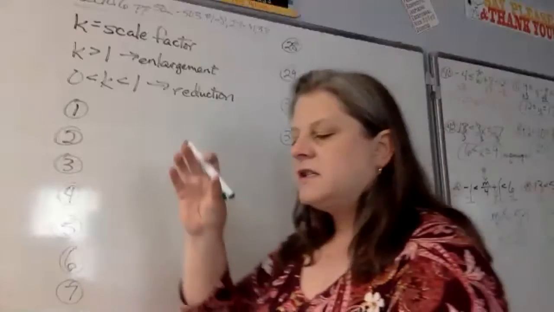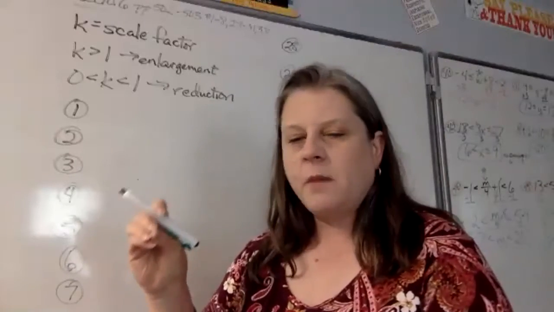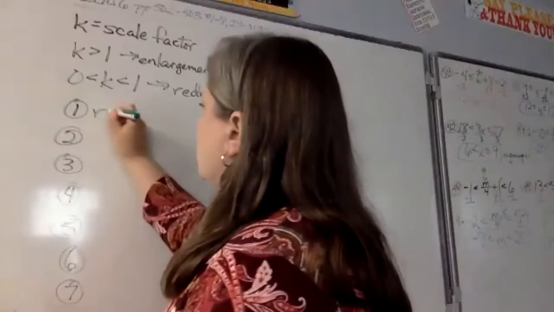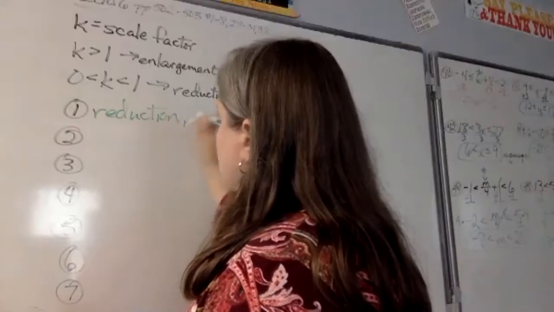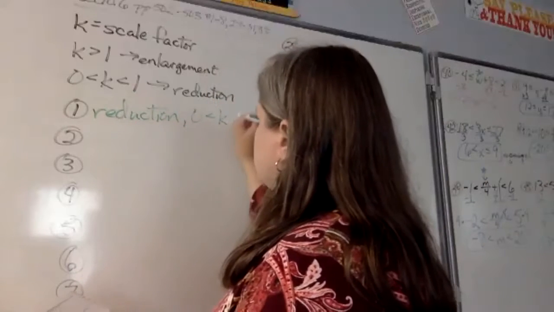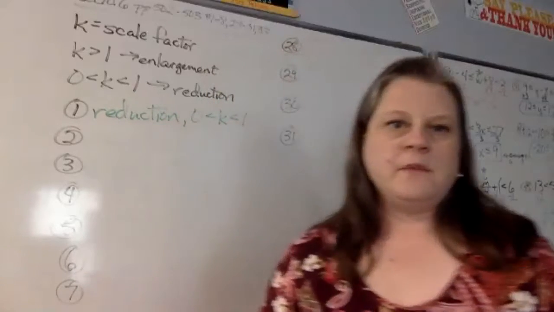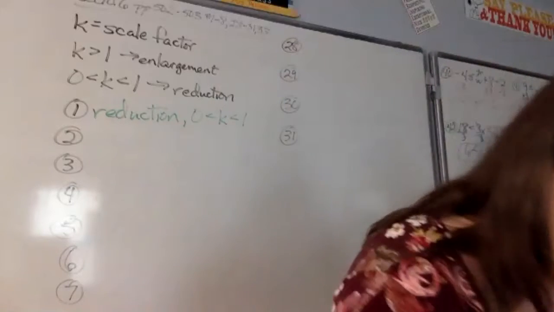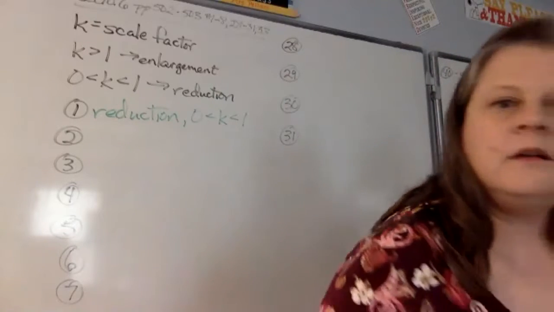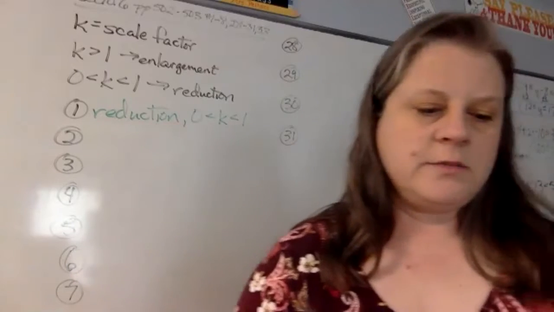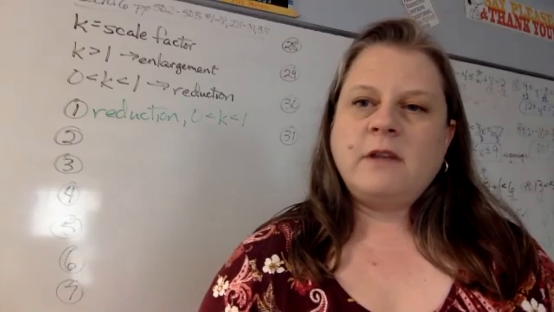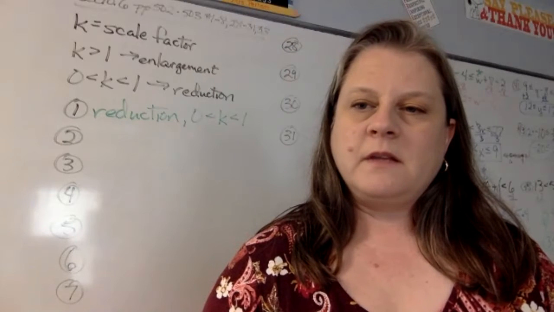It's a reduction because the new little red triangle is smaller than the original. So all you have to put is reduction. And since it's a reduction, that means that K was between 0 and 1. So that's all you have to do on here. We're not worried about having to draw them. We're just figuring out whether it's reduction or enlargement and what that means the K would be.